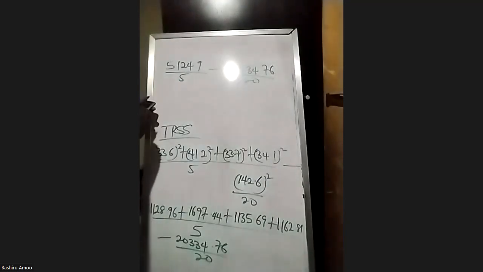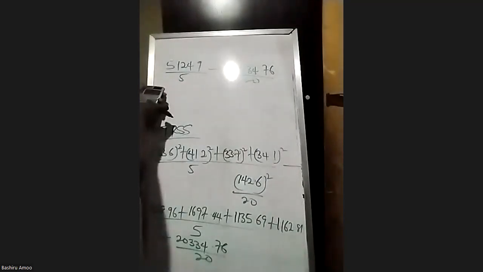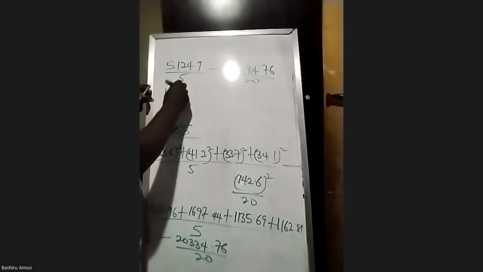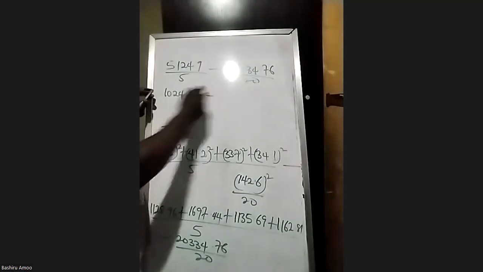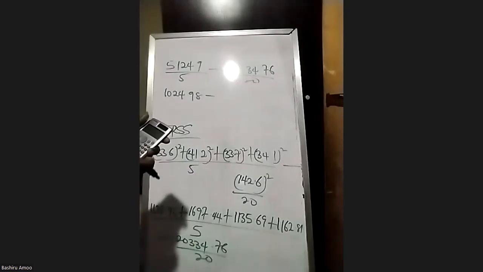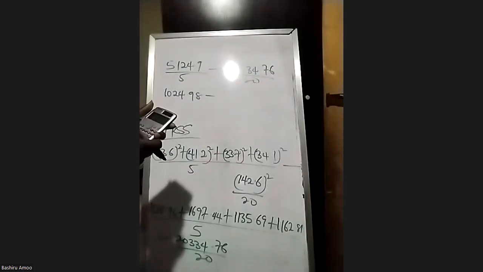Now, the treatment sum of square will now be 5124.9 divided by 5. Here I have 1024.98, minus 2334.76 divided by 20.